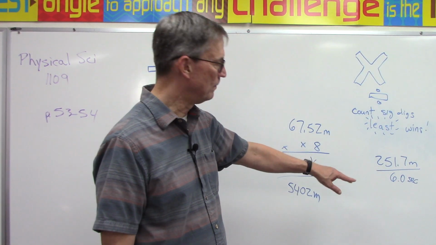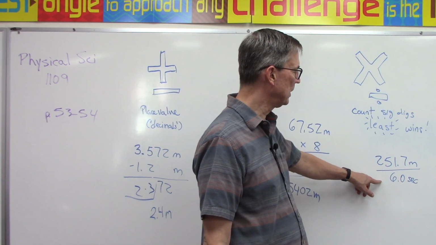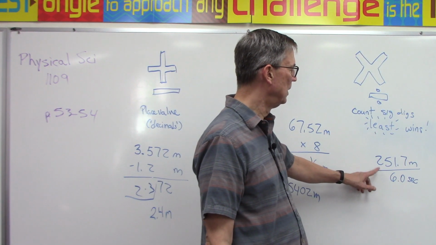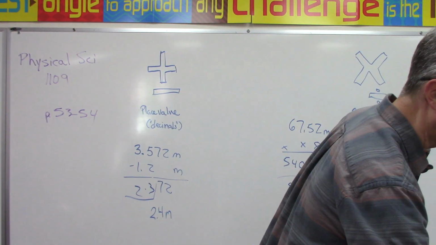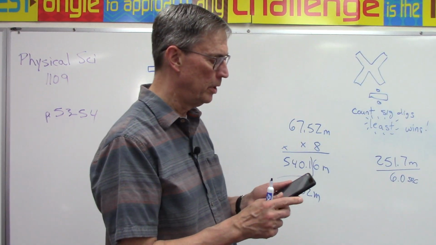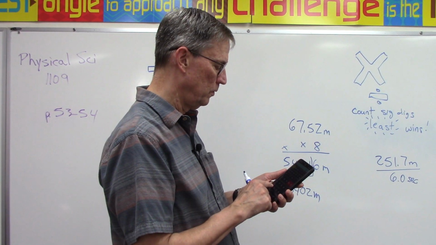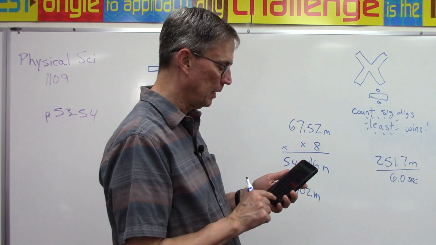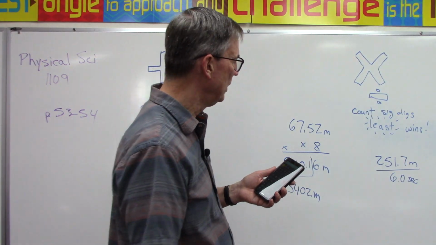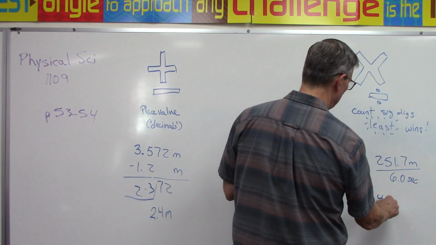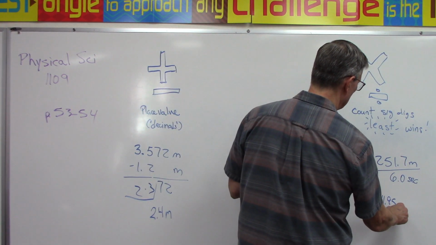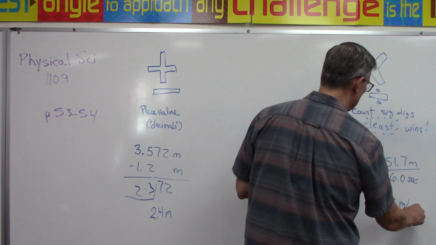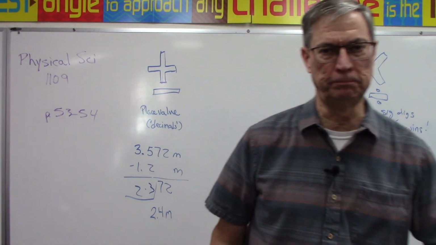This is division. So we're doing meters per second. Okay, meters per second. 251. I dare you to do this one in your head. 251.7 divided by 6. Okay, so we get 41.95 meters per second.